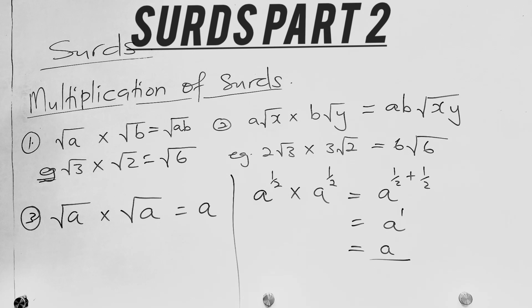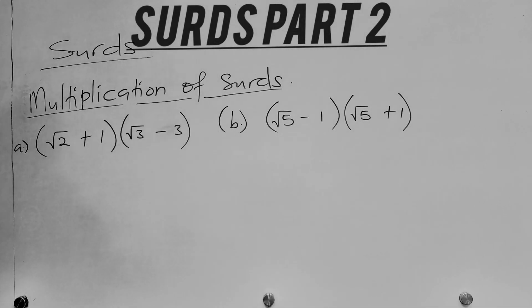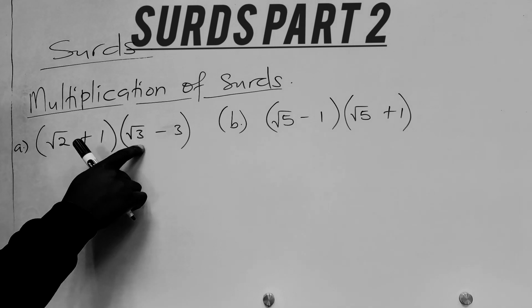Now we need to see division, but first we can have another example of multiplication of surds. But in this case we have brackets. To simplify these brackets, we need to use the FOIL method, where the first term multiplies this and that.